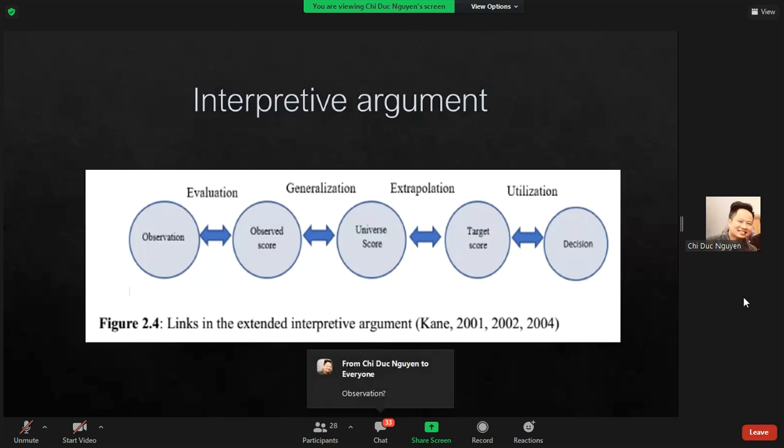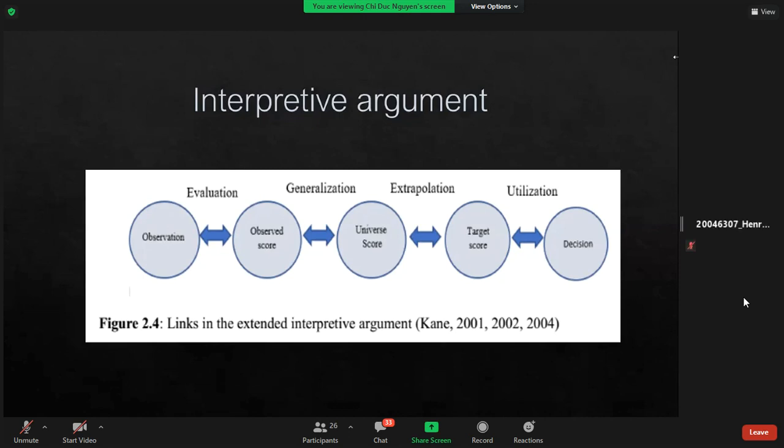Can you make a guess? In terms of the test, what might be the observation here? Observation of what?